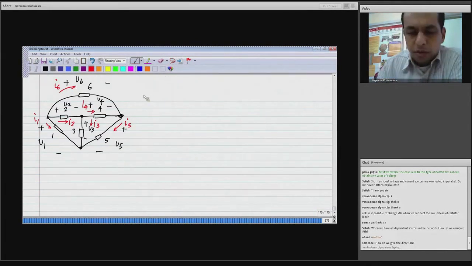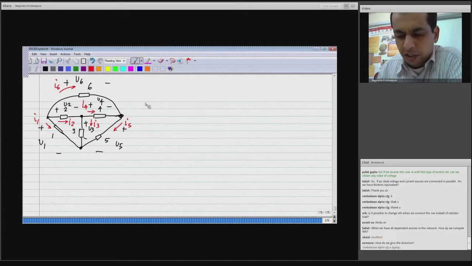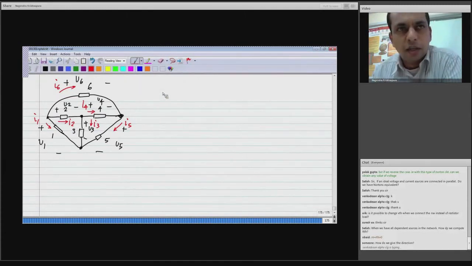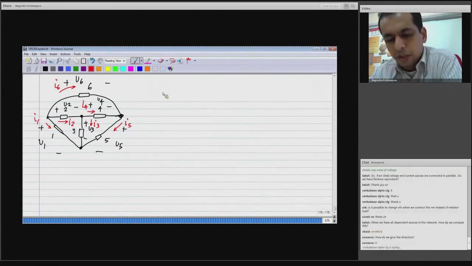So now, I have a circuit with, this I've shown with 6 branches, but any number of branches is okay, right?